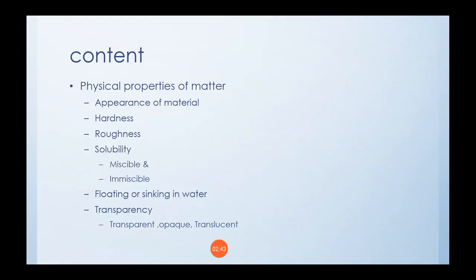Appearance of material is one type of physical property. Then hardness or softness, roughness or smoothness, and solubility. In that category we are going to see soluble, insoluble, miscible, immiscible and soluble in gas. In the explanation part we are going to see floating or sinking in water, which is nothing but the buoyancy force we saw in an earlier class.